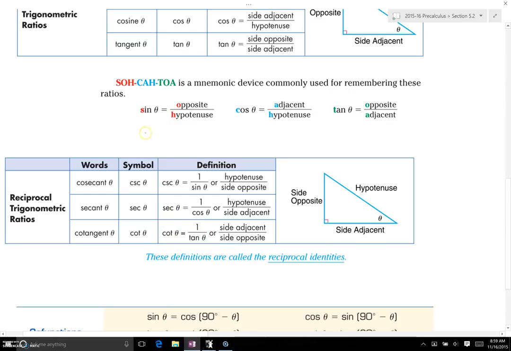So what that means is that cosecant of theta is going to be the hypotenuse over the opposite, the reciprocal of what sine was. Secant is the reciprocal of cosine, so it's going to be the hypotenuse over the adjacent. And cotangent is the reciprocal of tangent, so it's going to be the adjacent over the opposite.